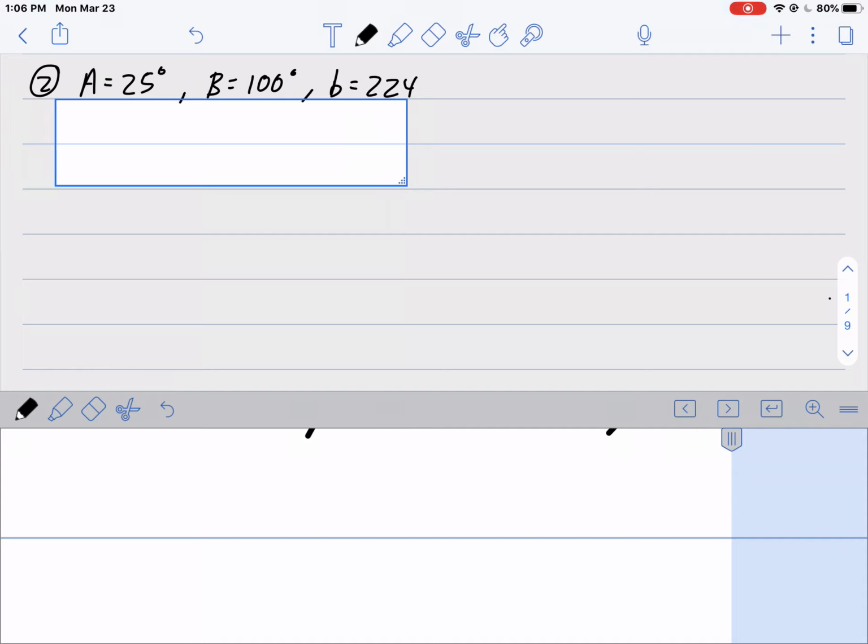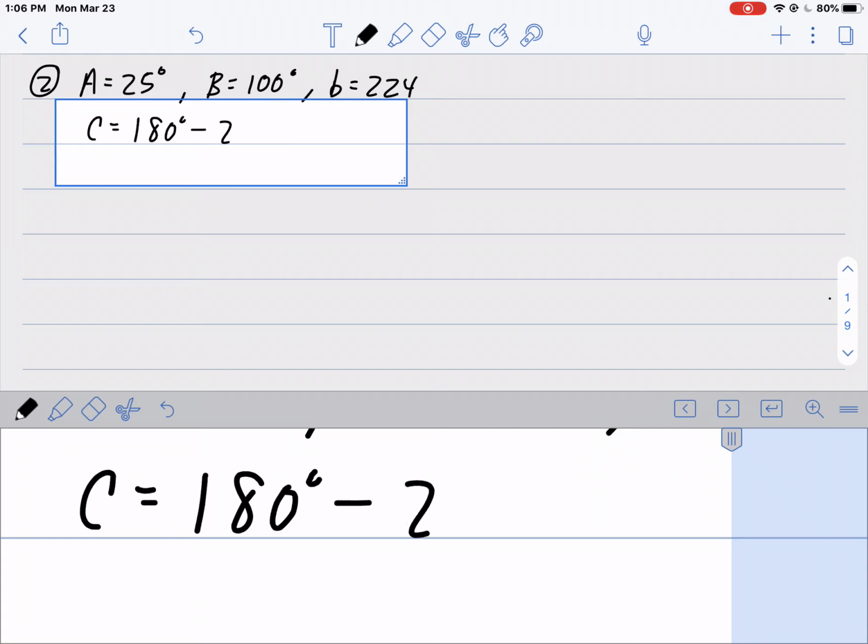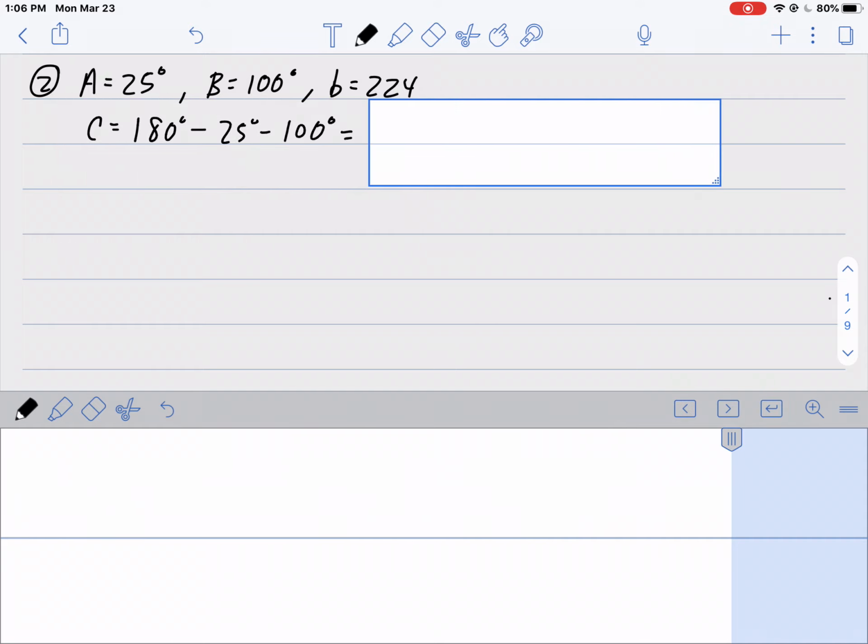Notice again, I know two angles. Let's just start by finding the missing angle, angle C, which would be 180 minus the other two, like 25 and 100. And that'll give us the measure of angle C is 55 degrees.